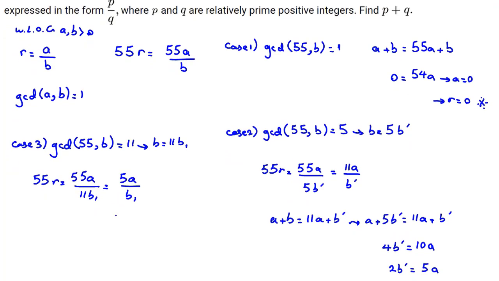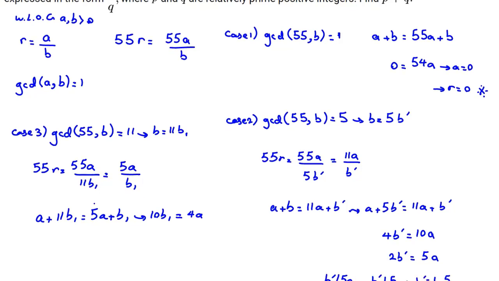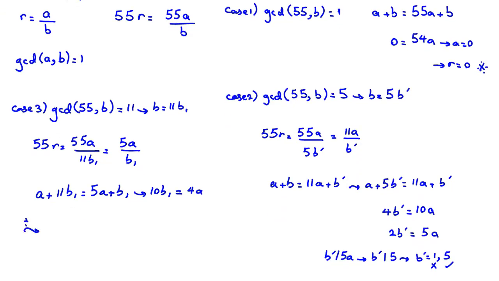Now the sum of numerator and denominator in R is A plus B, and we know B is 11B1, equal to the sum of numerator and denominator in 55R, which is 5A plus B1. Now, 11B1 minus B1 is 10B1, and 5A minus A is 4A. If we divide both sides by 2, 5B1 equals 2A.